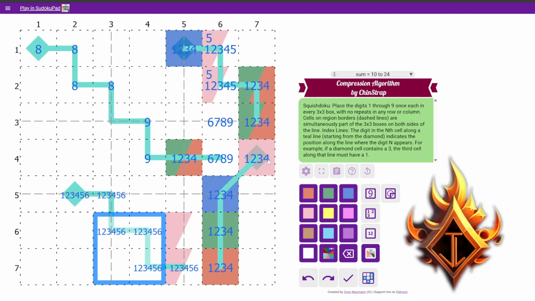Let's do that. 1, 2, 3, 4. And then it's in the third box here, okay? So are all of them in? This one will be in top 2 boxes. This one will be in the other. Okay.